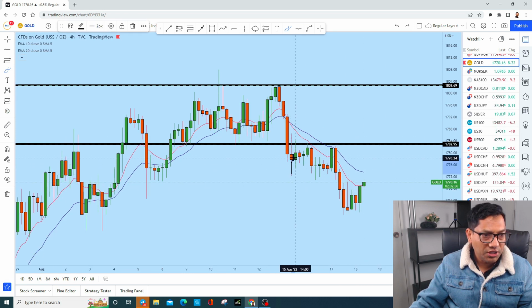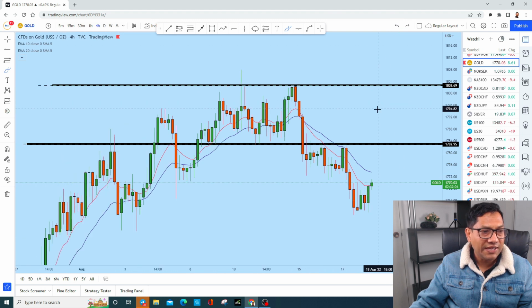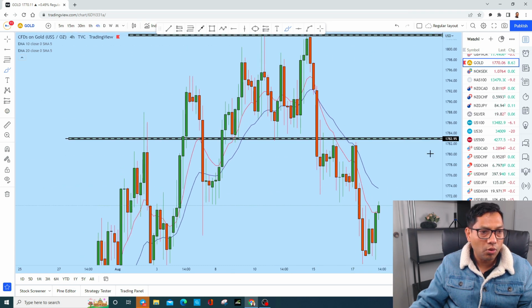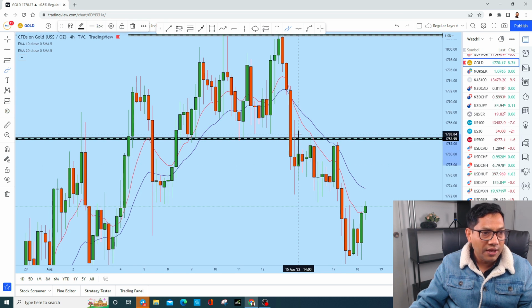With this doji, the price basically tested this previous, new point of interest, and then we saw the sellers sell from this point of interest. The next candle, this green one, just created a lower high, and then we saw some other big boys sell again.